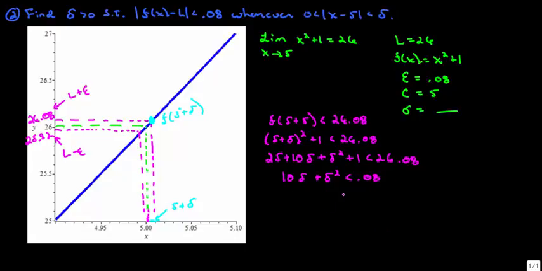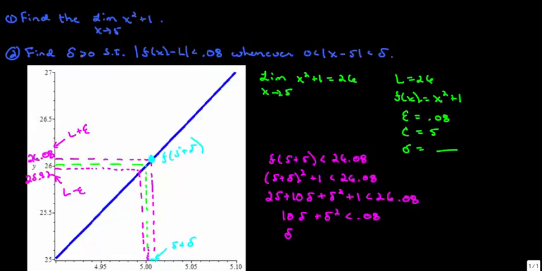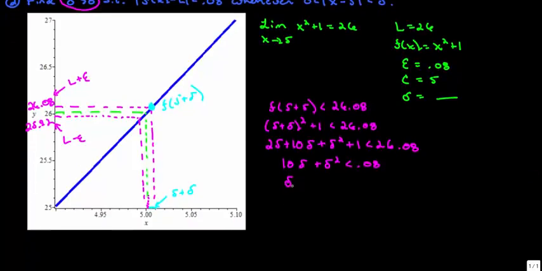If I solve this using the quadratic formula, I get two answers. I get a negative answer for delta, but that doesn't make any sense because delta is a distance, and so we set up here delta has to be positive. So our value for delta when we use the quadratic will be 0.00799361. That's close enough.